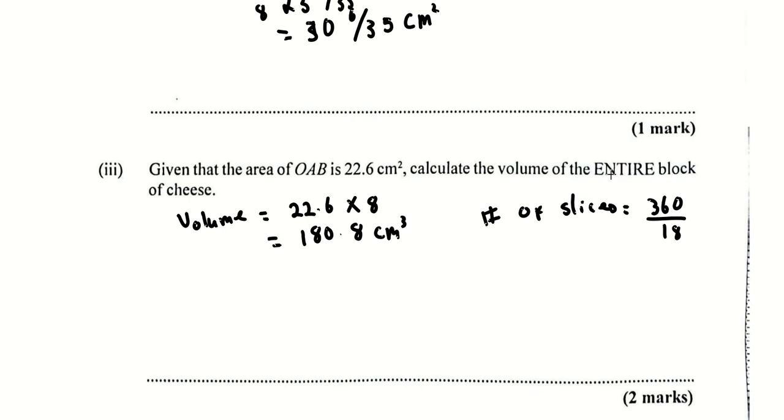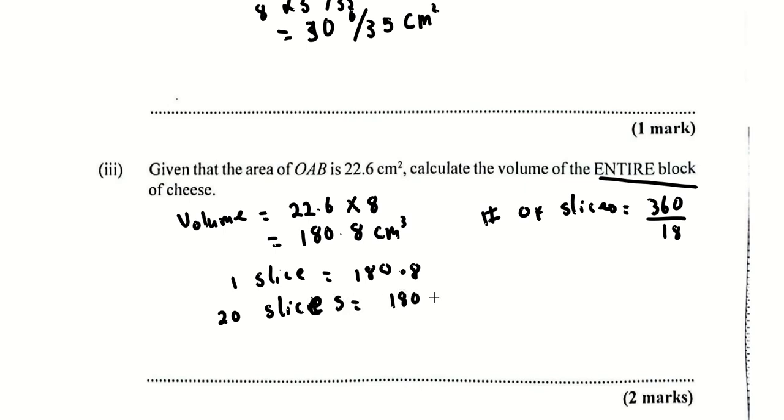So because we're trying to find the volume of the entire block, we know that one slice is equals to 180.8. Right, so 20 slices would be 180.8 multiplied by 20.